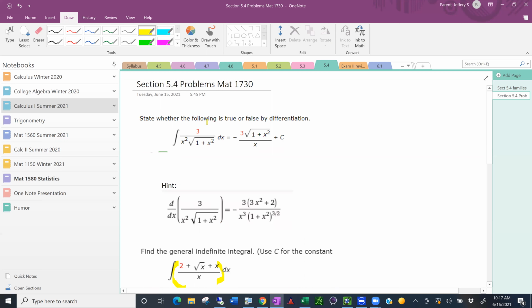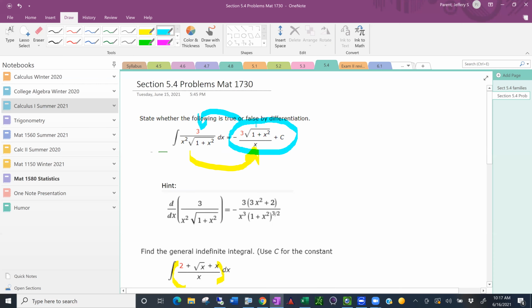It says state whether the following is true or false by differentiation. So what they're asking you to decide is, is this true? Well, if this is true, then this function to the right here that I'm going to circle in blue should be the antiderivative of the integrand.